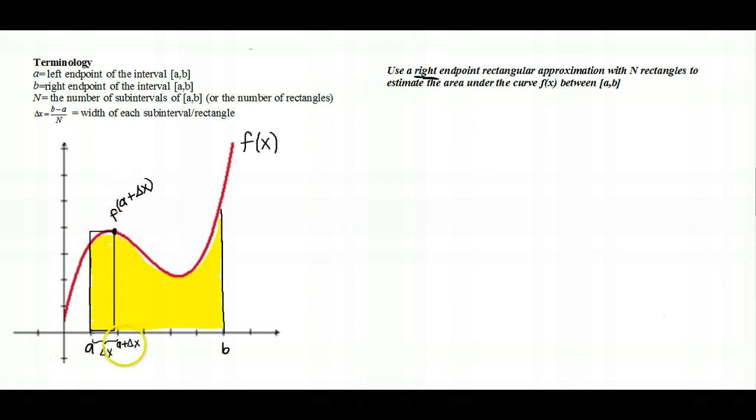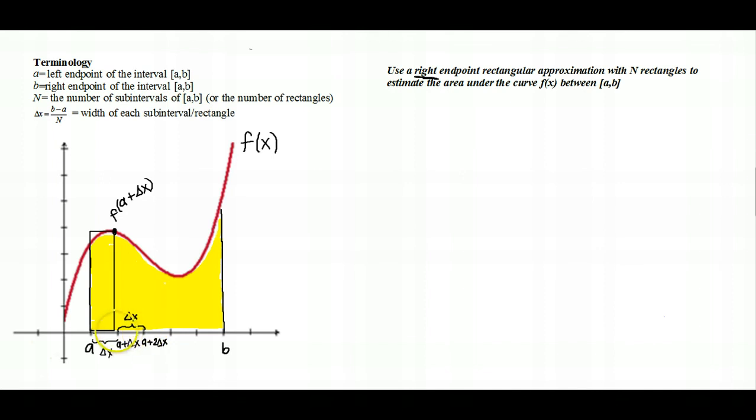So let's keep going. If this is A plus delta x, remember, each of these widths is the same. So this width here is also delta x. So if this is A plus delta x, then this little tick mark is A plus, well, now I've added 2 copies of delta x, so A plus 2 delta x.